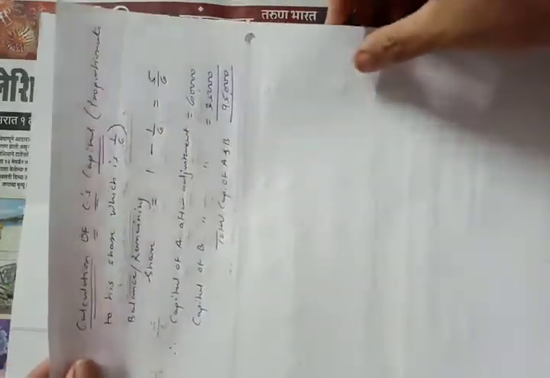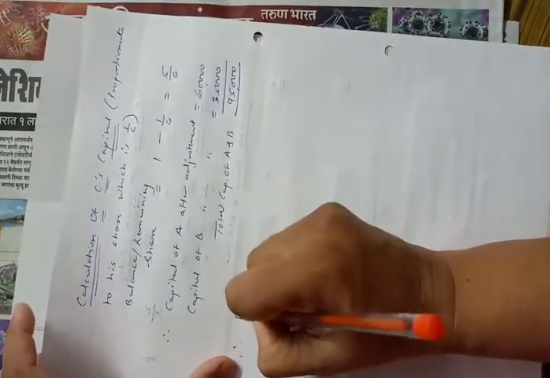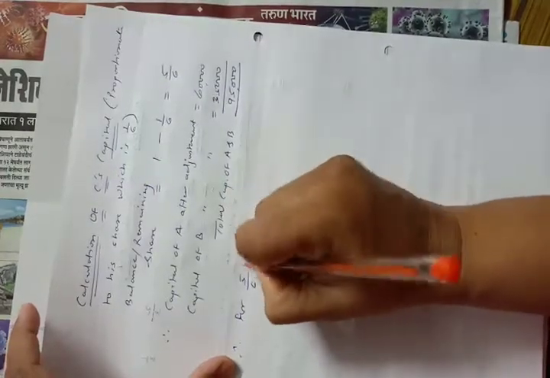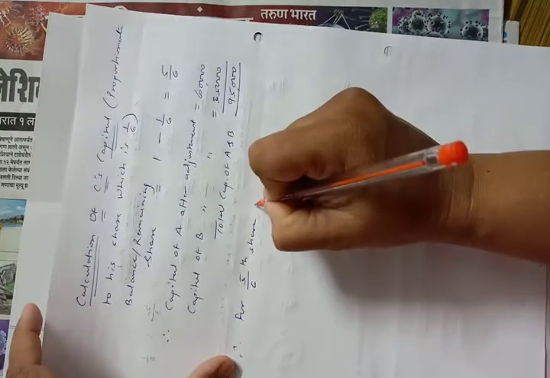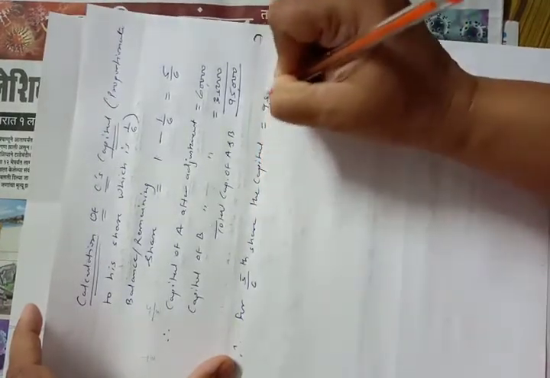Okay, therefore for 5/6 share of profits, the capital is equal to 95,000.